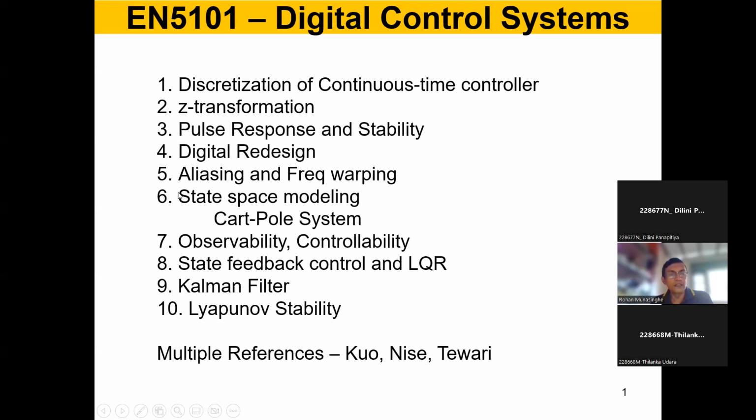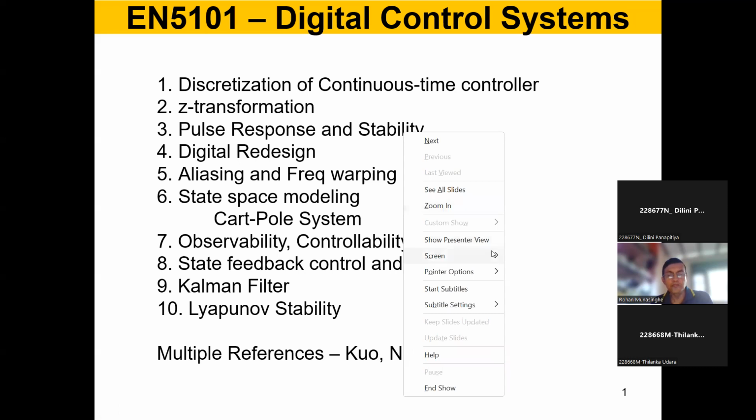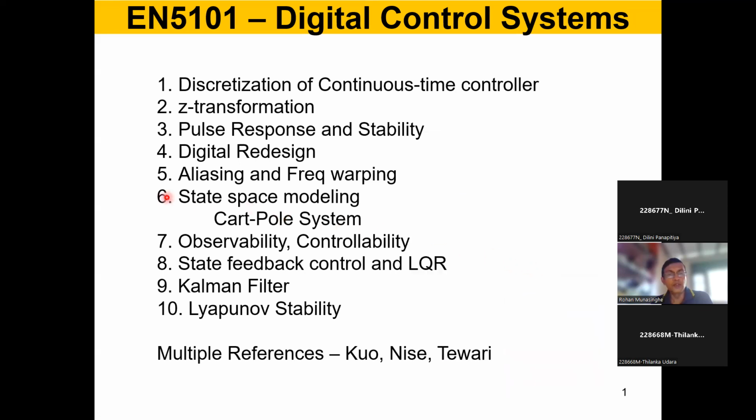Number 6, state space modeling. This is another way of modeling, right? In the first semester, we looked at the basic mathematical modeling of a plant or a system. Remember shock absorber, RC circuit. We used the laws of nature, like Newton's laws, Kirchhoff's, right?